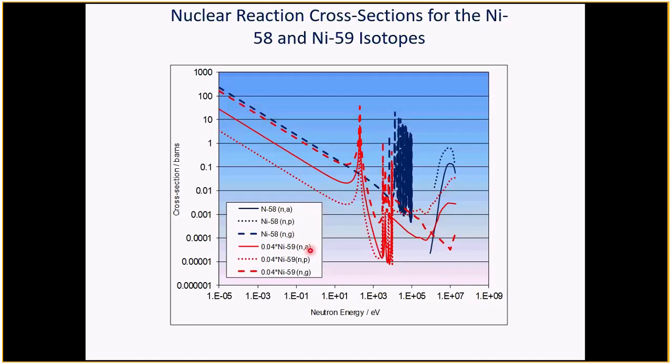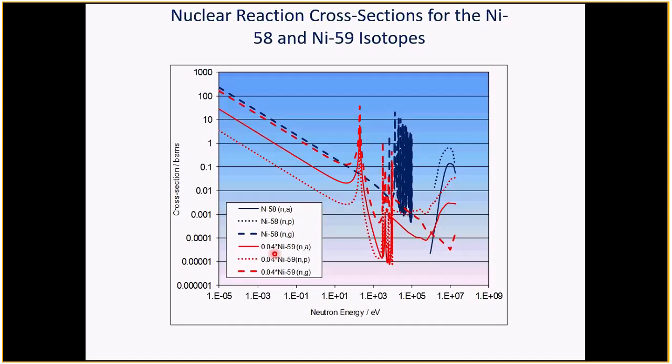So for comparison, I put on this plot the nickel 59 cross section, but I've scaled it by 0.04. And 0.04 in this particular case is the steady state concentration of nickel 59 relative to nickel 58 in a CANDU reactor core. And you get to this point after about 3 or 4 years of reactor operation.